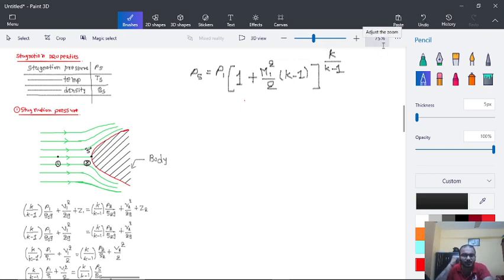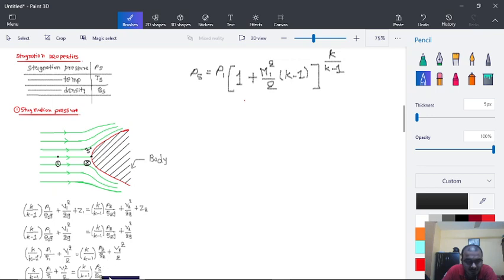Whenever M1 is less than 1, that is subsonic flow, we can expand this entire bracket with the help of the binomial theorem. So let's do that.